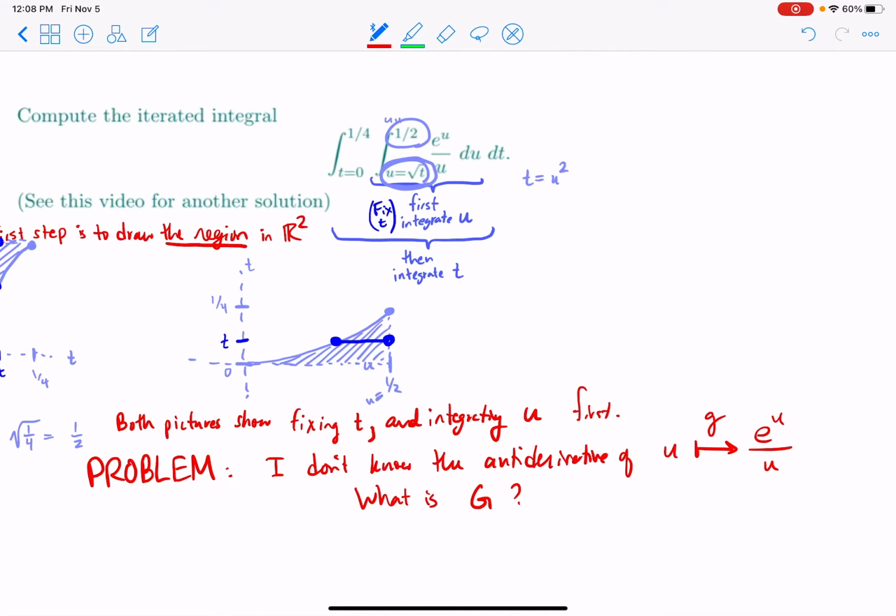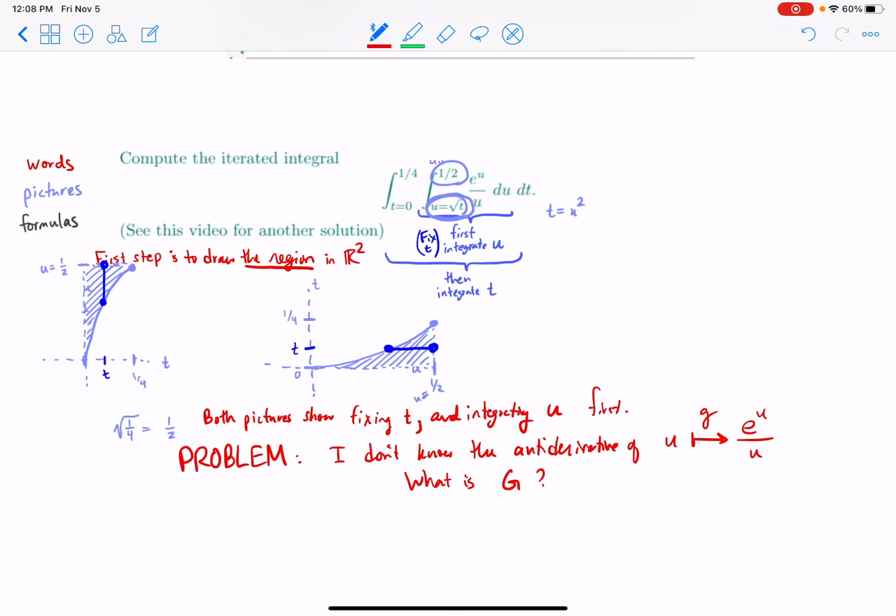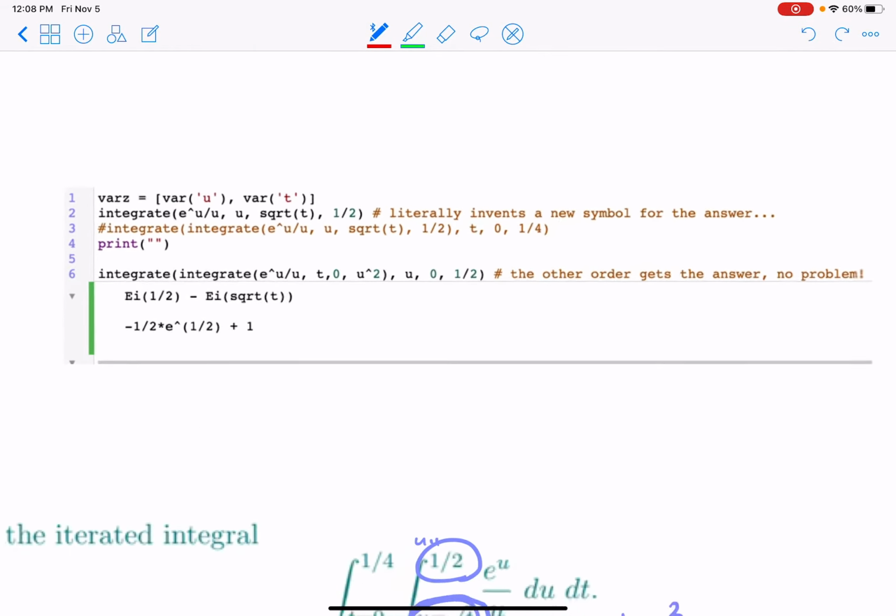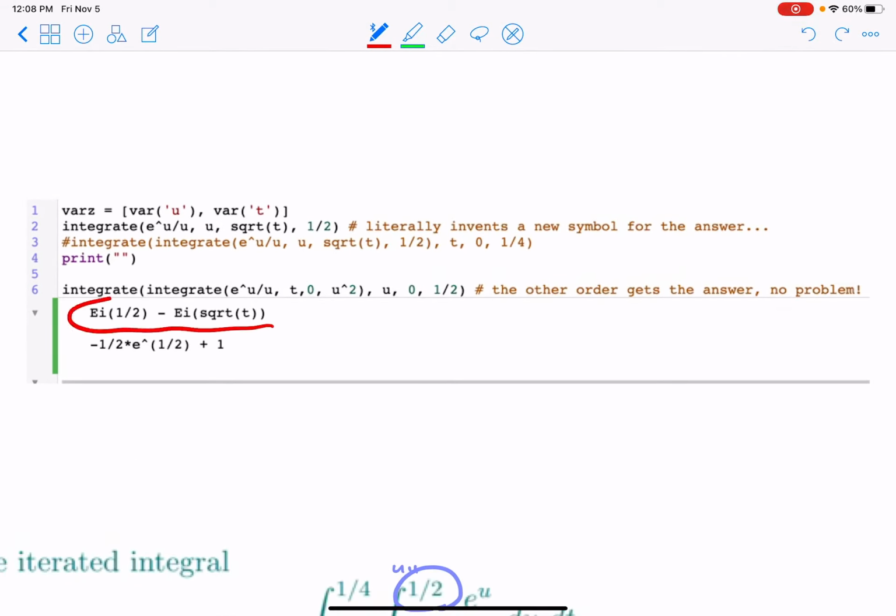And in fact, if you ask a computer to find capital G, what it will do is this. Here's my first call to integrate. It'll make up this symbol, EI, called exponential integral. I think that's why they call it that. And it just says, well, this is saying g of b minus g of a. This is the fundamental theorem of calculus.